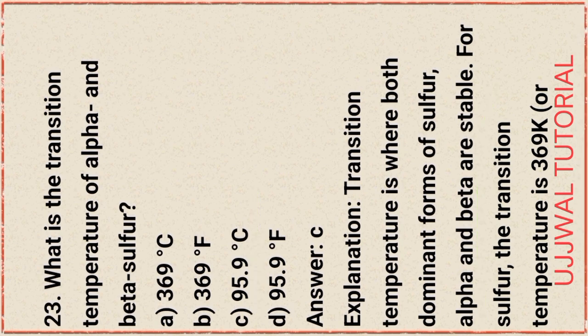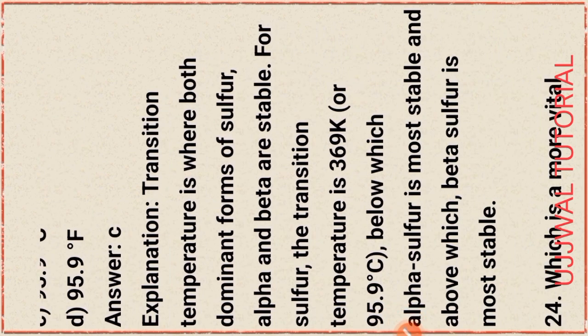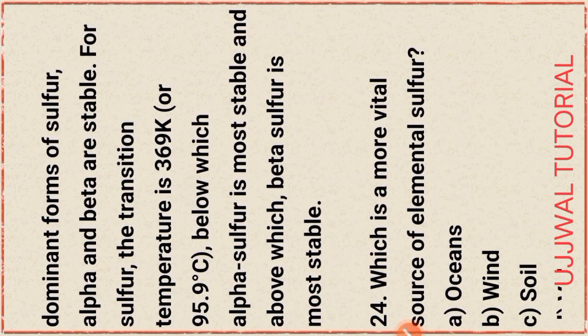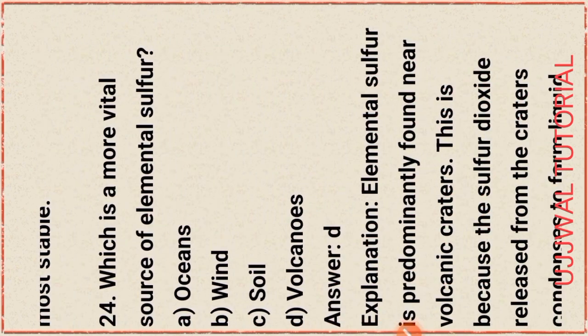For sulfur, the transition temperature is 369 Kelvin or 95.9 degrees centigrade, below which alpha sulfur is more stable and above which beta sulfur is more stable. Okay. Another question based on sulfur, question number 24. Which is the more vital source of elemental sulfur? Option D, volcanoes. Okay.